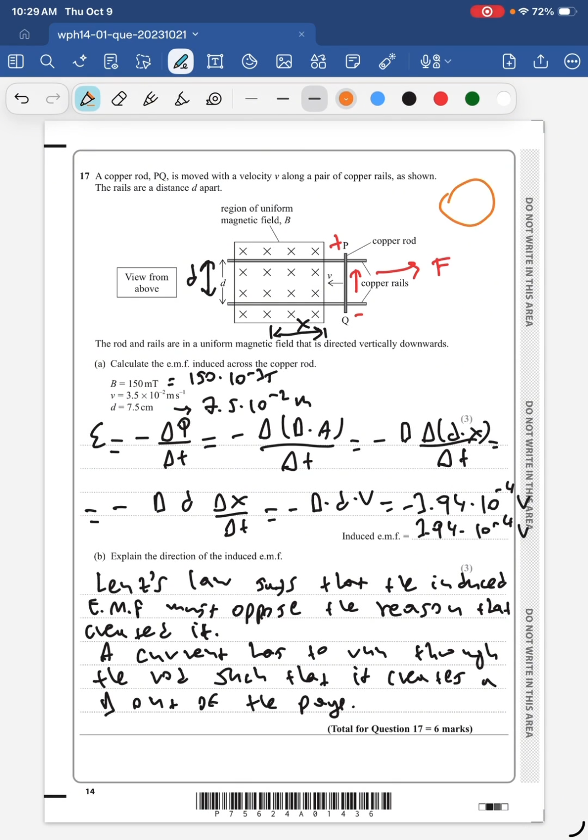So if we have a current running in a loop this way, okay, this current creates a magnetic field out of the page. And if we have a current that flows this way inside the loop, okay, it creates a magnetic field into the page. Okay, I hope this makes sense. So in our case, we need the current to flow this way so that it creates a magnetic field out of the page. Okay, I hope this makes sense. So let's move on.